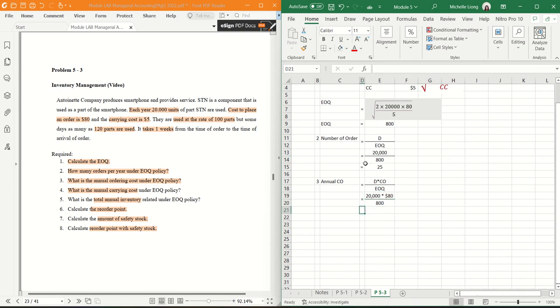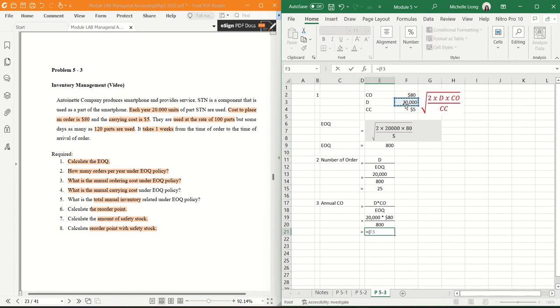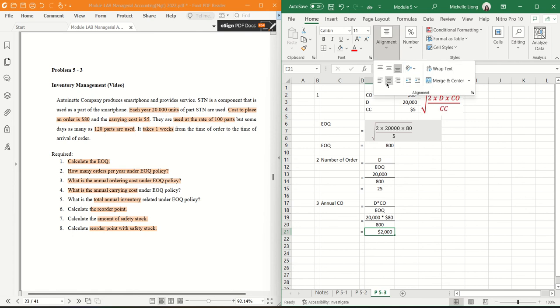So the calculation is 20,000 times 80 divided by 800, and we got 2,000 per year.